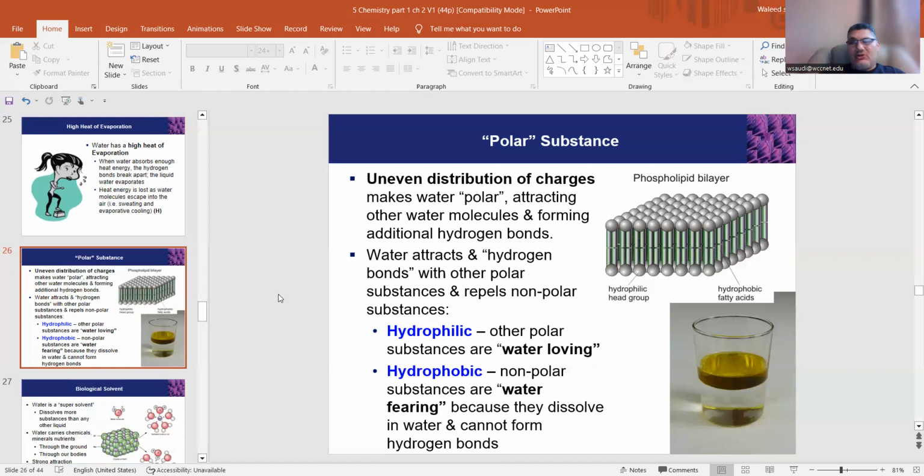So if I give you any example, you don't have to think about it. Sugar. Is sugar lipid or fat? No, it is not. That's it. It's hydrophilic because water is polar and sugar is polar, so the sugar is attracted to the water and reacts with it, so it's hydrophilic.